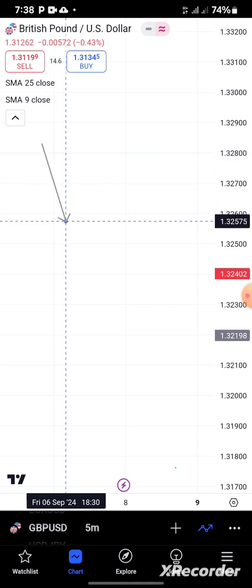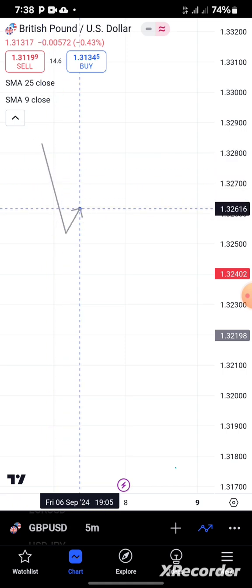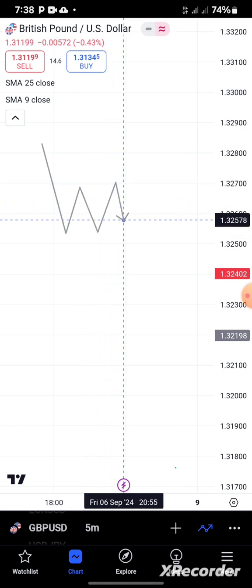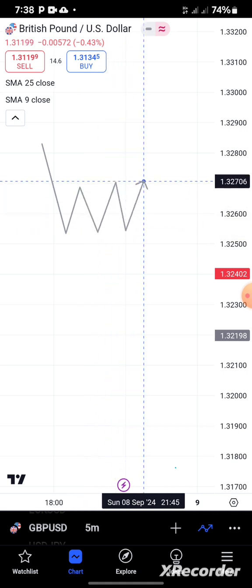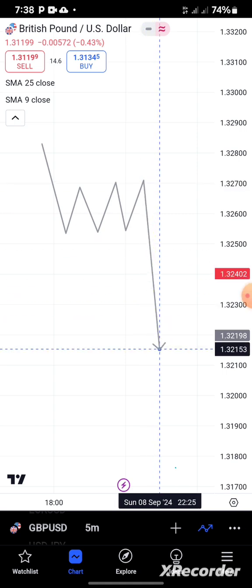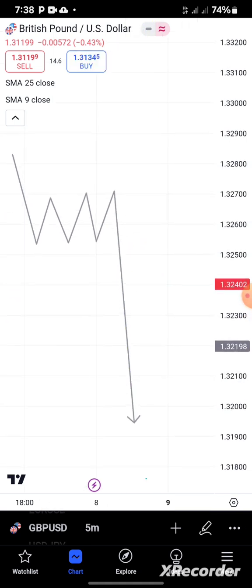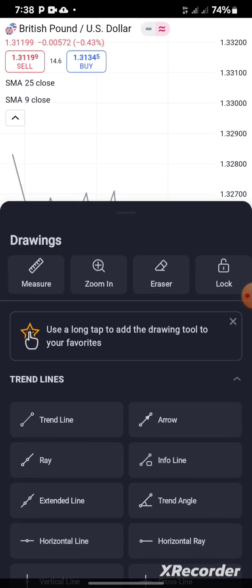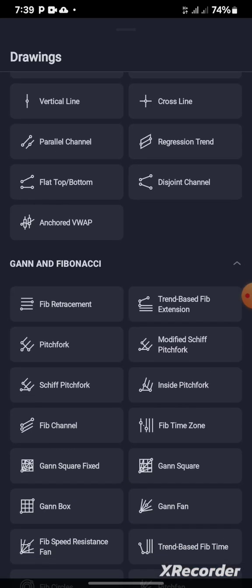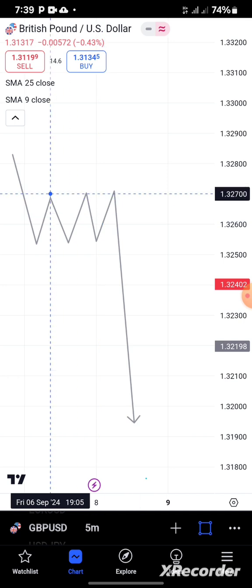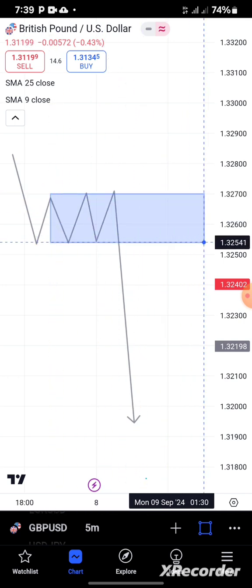Let me say price is dropping and then price makes this, starts consolidating like this, then price drops. Are you seeing, guys? Now with supply and demand, this one becomes our supply zone.